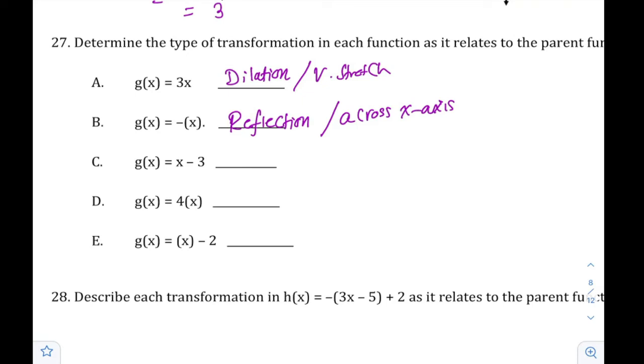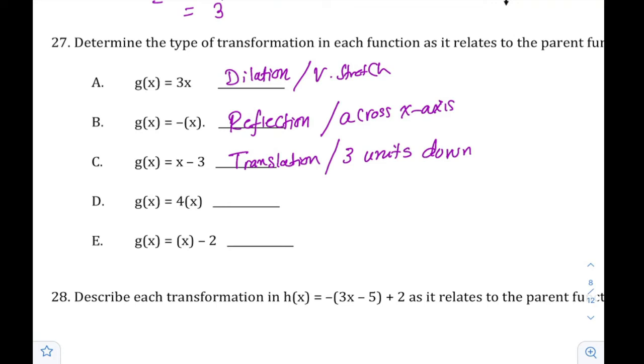Here we have subtraction, so it is translation. The type is a translation, and it will be 3 units vertical translation, because it's outside the group, 3 units up, or vertical down, because -3 is down.